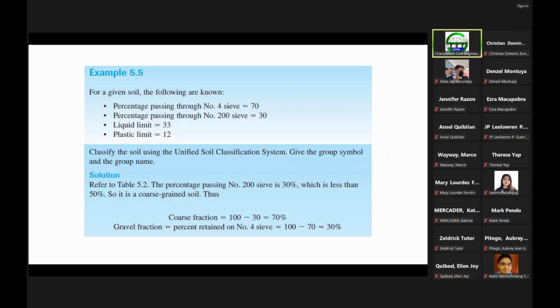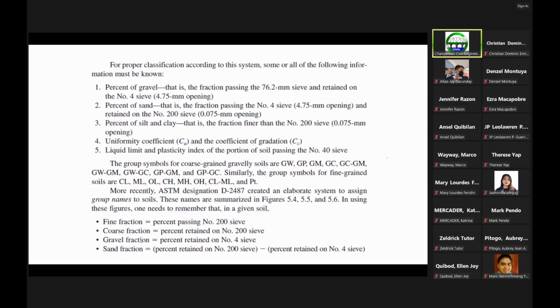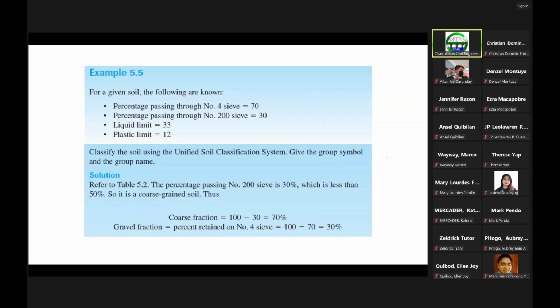And then with the coarse fraction, we want to determine the gravel fraction. Again, the gravel fraction, we define it as the percent retained on the number 4 sieve. So here we have the percent passing through the number 4 sieve. If you have 100% material, what is left is the percent retained.